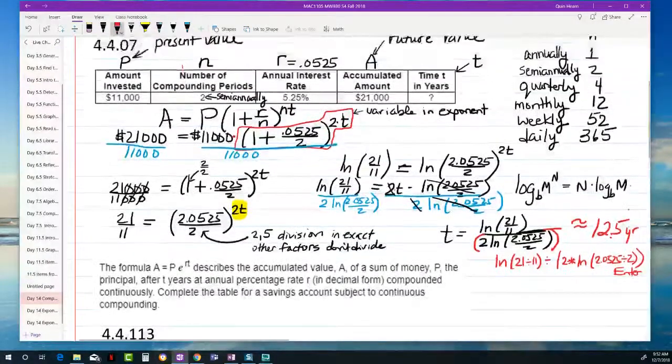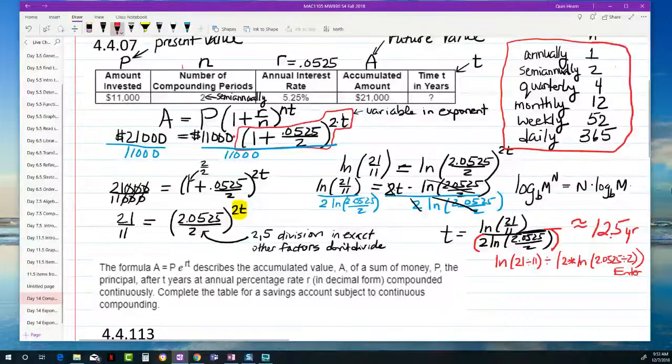All right, so we're going to now look at a different scenario for compound interest. We talked about annually, semi-annually, quarterly, monthly, weekly, daily, right? But what if we had a compounding that occurred every minute, every second of every day?